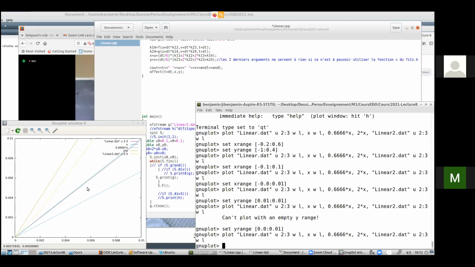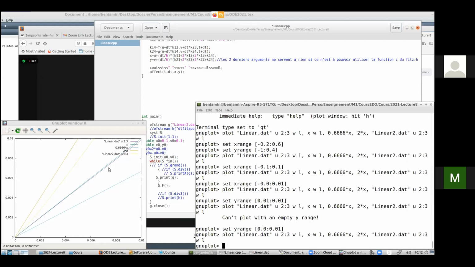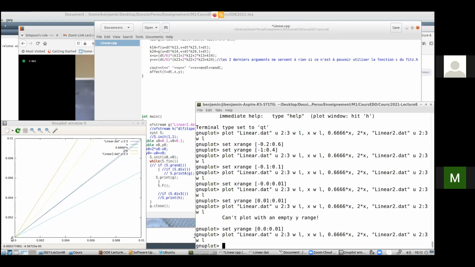And then all the trajectories will go towards zero, except a specific one in the direction tangent to this eigenvector. You see, the yellow one is a trajectory and the green one is a trajectory.